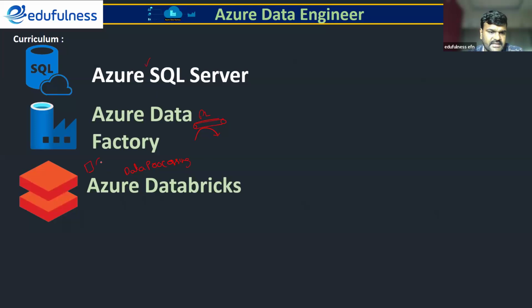You can do that data transformation with Databricks. You can do it with Data Factory also, and SQL Server also. But whenever you have a huge amount of data, Databricks is going to give a much better performance than these two.